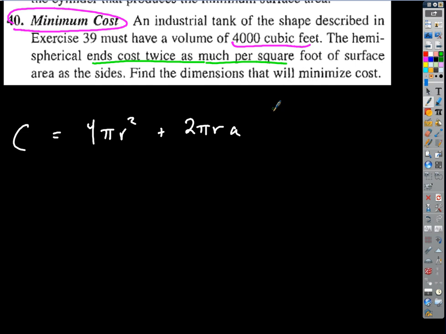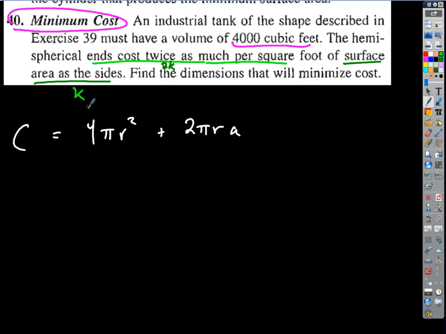Instead of x, maybe k. K is exactly what we normally probably do. We'll pick a symbol that usually corresponds to a constant, like k, and we'll plug that in. So the end caps, those are going to be maybe 2k is going to be the cost per square foot, and the lateral surface area of the sides, that'd be more like k dollars per square foot, right?